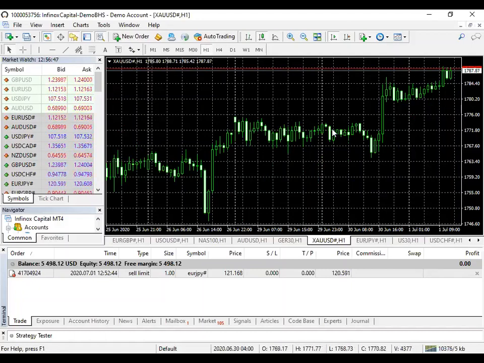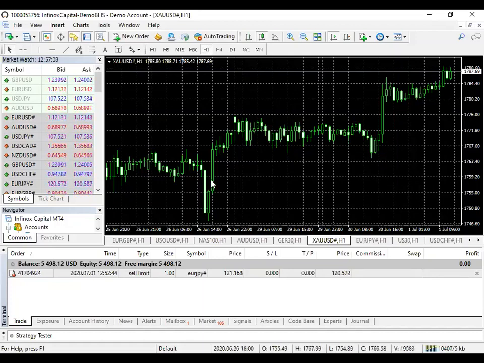So if you check these points here, without much analysis, you can see that there's a kind of support around here. Prices went up, got to this point, and there's a region here that was a kind of resistance, then it broke it.